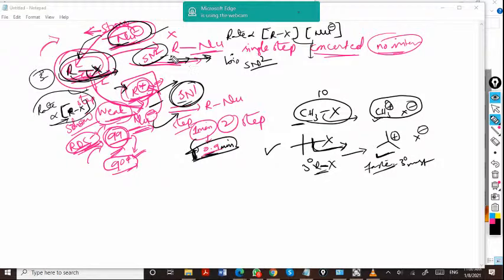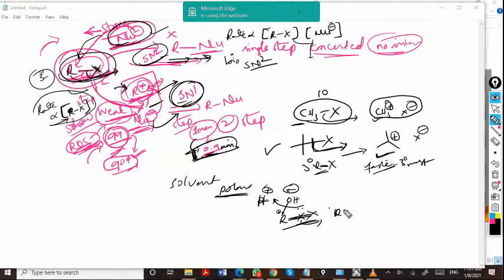Next we are going to see the solvent. If I use a polar solvent, what is meant by polar? It is where positive and negative poles can generate in the solvent, like H2O. It can form H plus and OH minus. When alkyl halide is there, the X minus is going to be attracted towards the H plus and the OH minus is going to be attracted towards the positive center. So it is deviating the bond, generating poles between the atoms of the starting material.